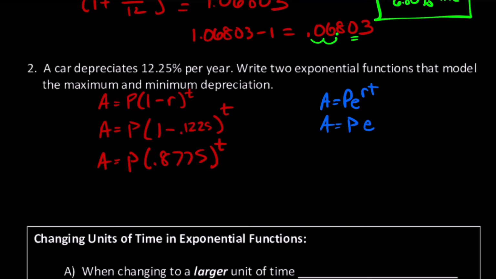Now, when we deal with PERT and we depreciate, we make that exponent negative. So it would be negative 0.1225 to the t. And that's good enough right there. What's interesting, though, is that this is the minimum depreciation.